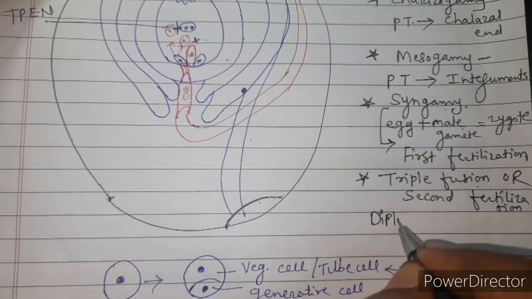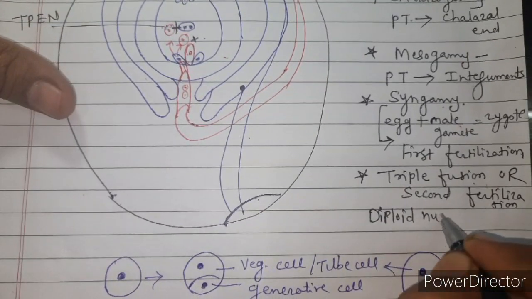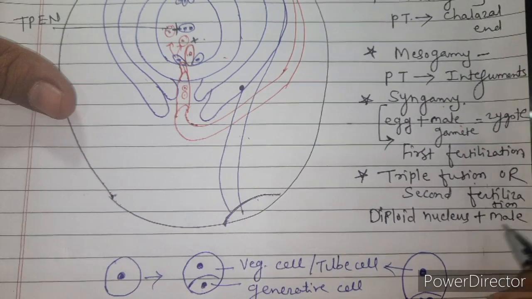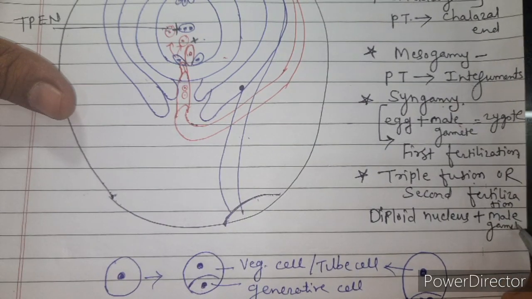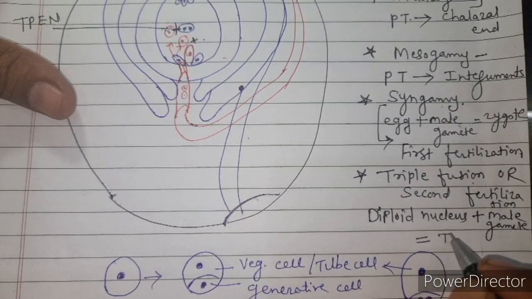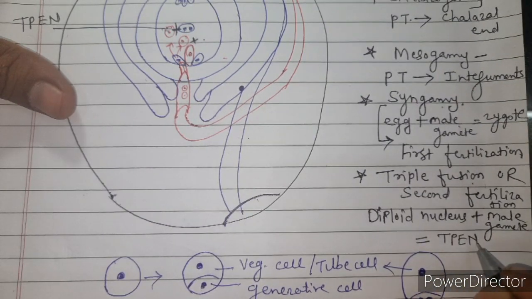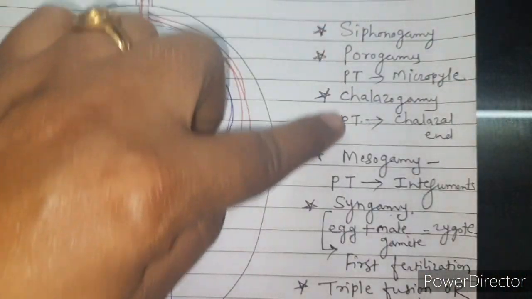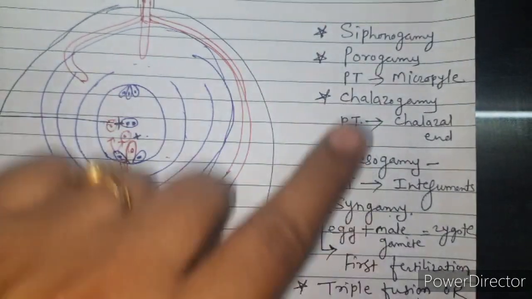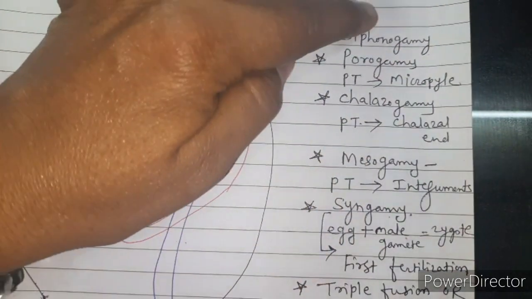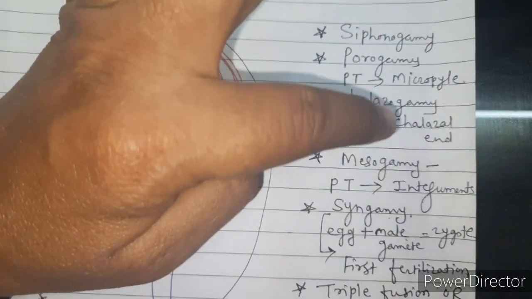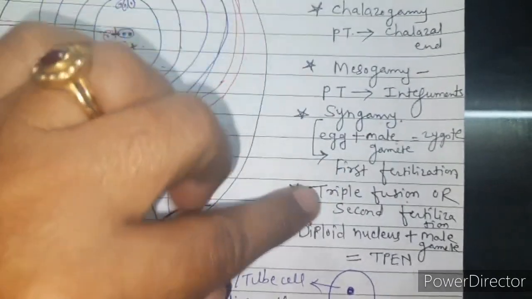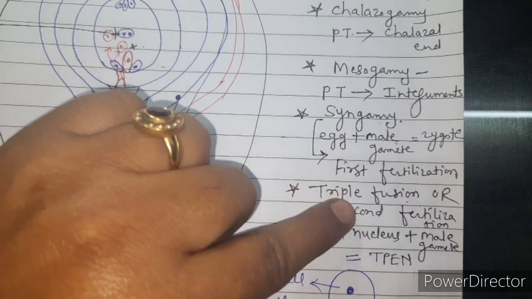The diploid nucleus plus one male gamete: there is formation of TPEN, and this TPEN is formed in the center. These are the important points which you have to write if the LAQ is asked in the examination: siphonogamy, porogamy, chalazogamy, mesogamy, syngamy, that is first fertilization, and triple fusion, or second fertilization.